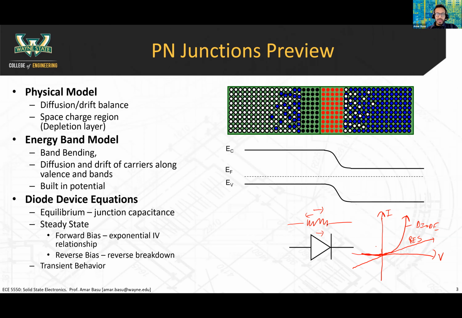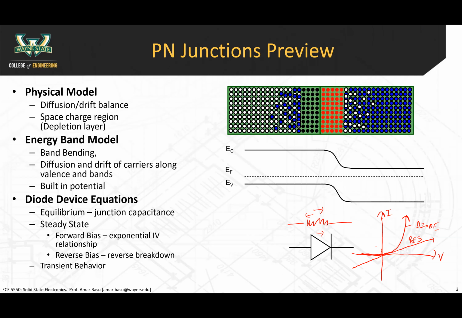Now, besides just as a circuit element, we're going to talk about photodiodes. Photodiodes convert light into electrical current. Can anyone tell me where photodiodes are used and where they're useful? Solar panels.